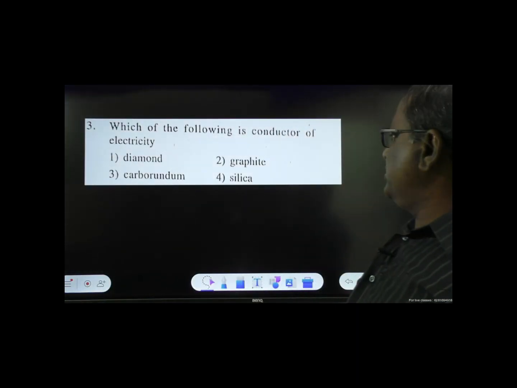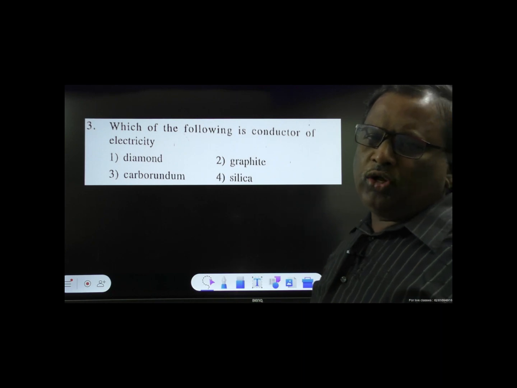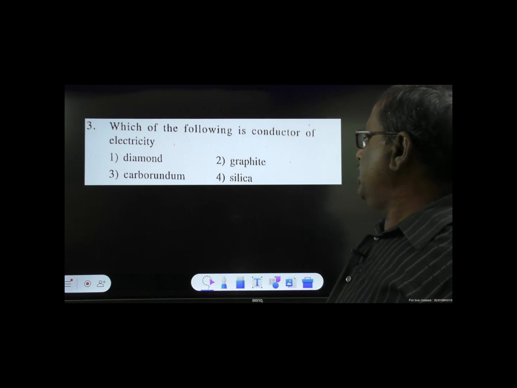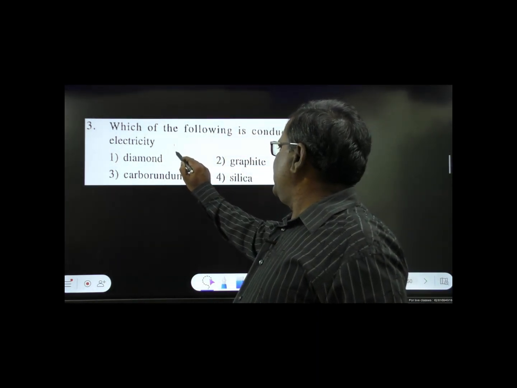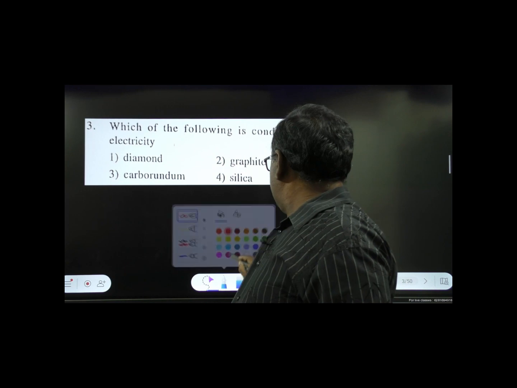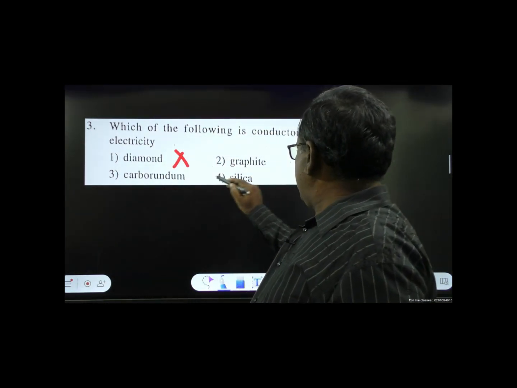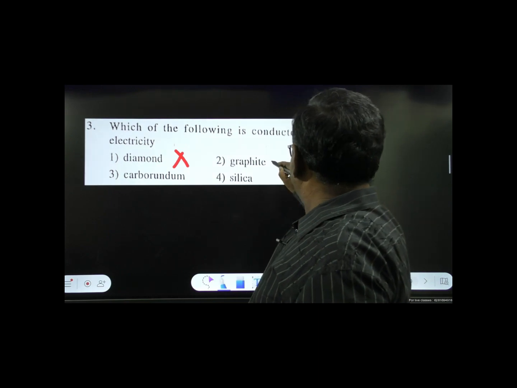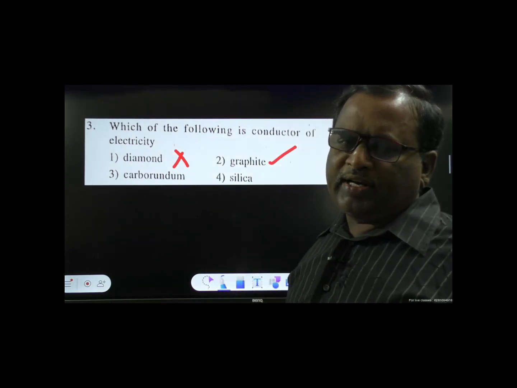Which of the following is a conductor of electricity? Now they are simply asking which of the following is a conductor of electricity. Options are diamond, so it is an insulator, it cannot conduct electricity. Graphite, we already discussed that graphite has free electrons, so it can conduct electricity.